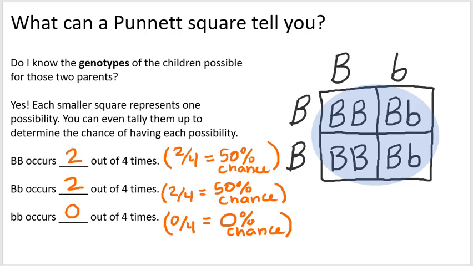You can have capital B, capital B, little b, or you can have little b. In this specific cross, the only children possible that we see are capital B, and capital B, little b.